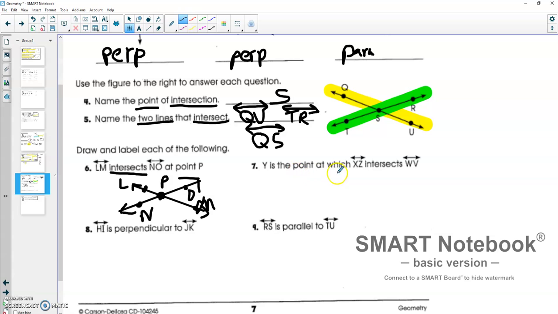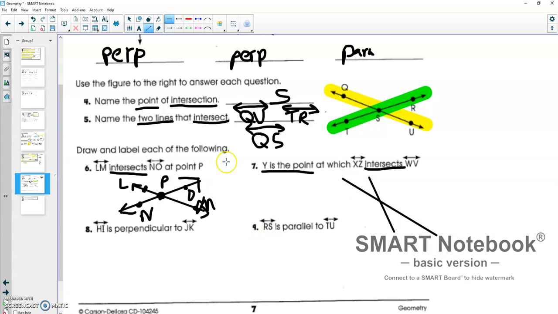Y is the point at which XZ intersects WV. So I know this is the point at which it intersects, the point of intersection. These two lines cross. So again, I can create something like this. I'm going to do something a little stranger, like this.